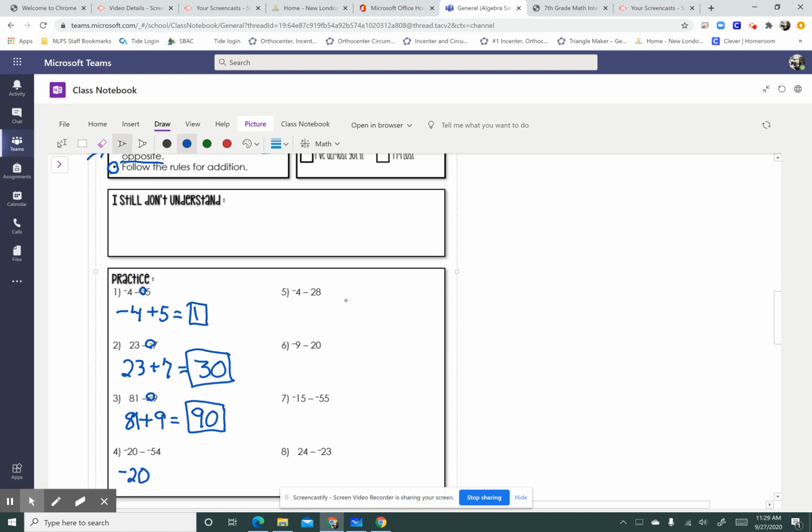We change the subtraction to addition, and then this negative sign will change to a positive sign for positive 54. -20 plus 54 equals 34. So pause the video and try to do number 5, 6, 7, and 8 on your own.